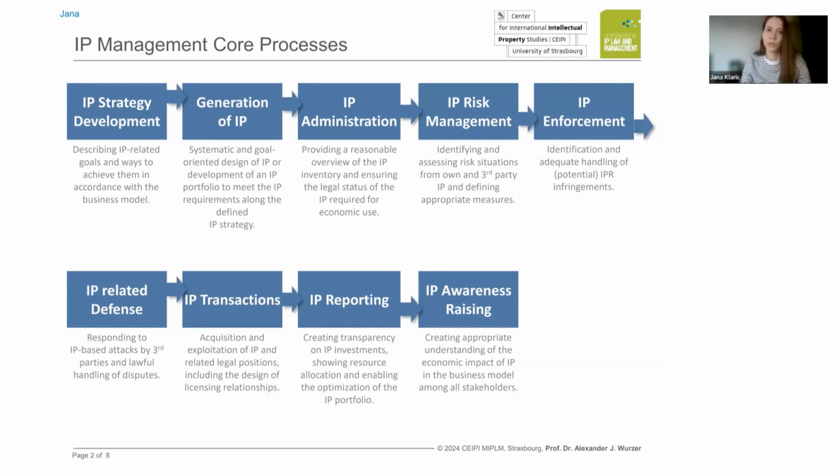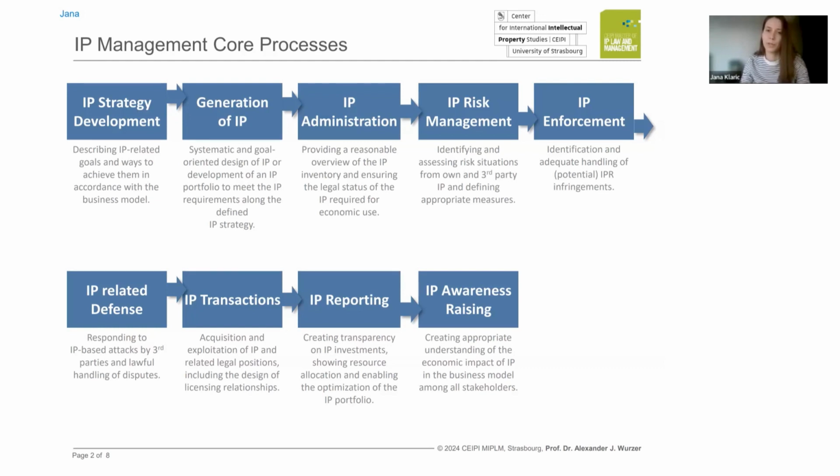We move forward to the IP risk management. This consists of identifying and assessing risk situations from own as well as third parties' IP and defining the appropriate measures to handle these risks.